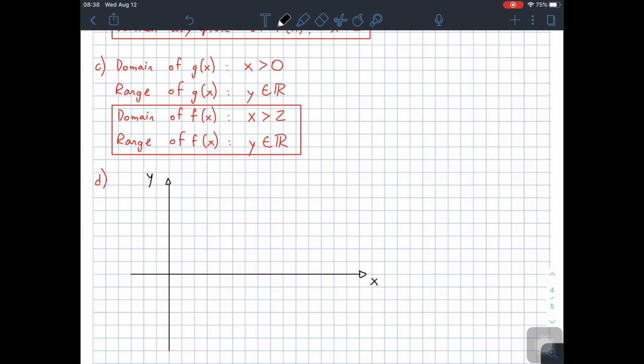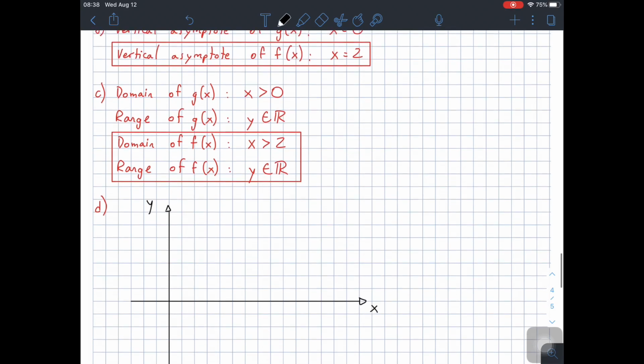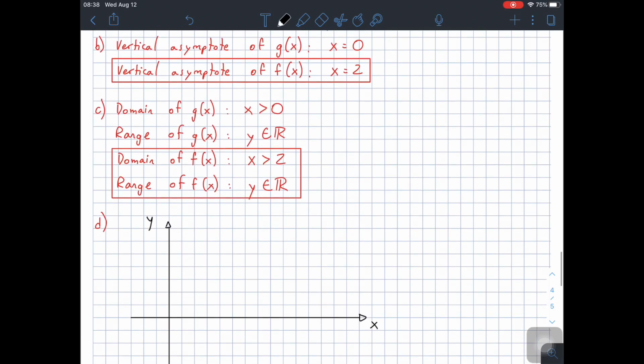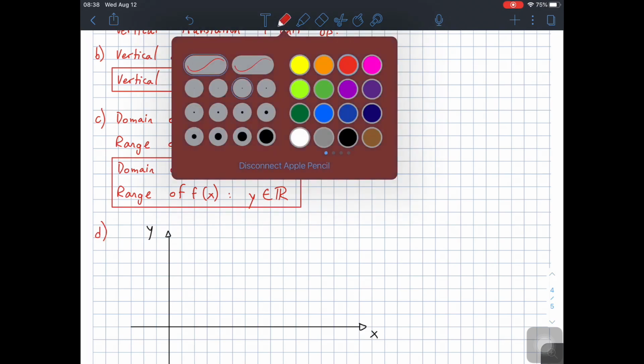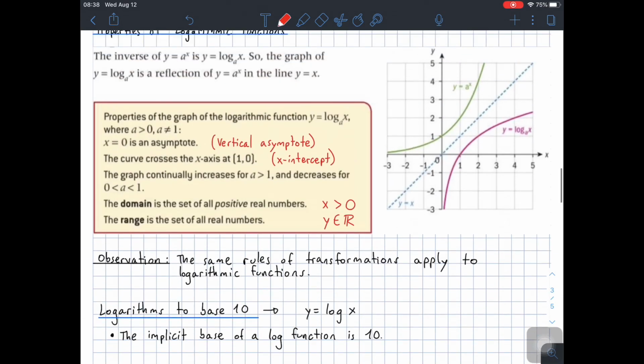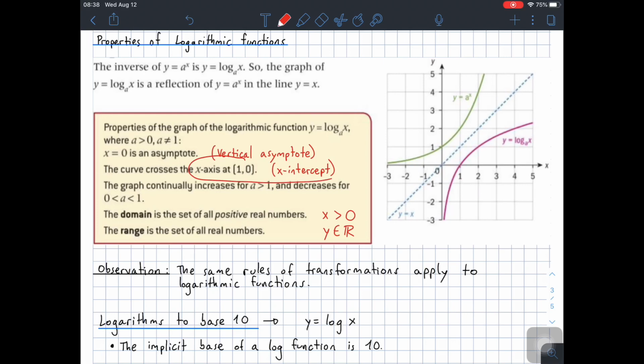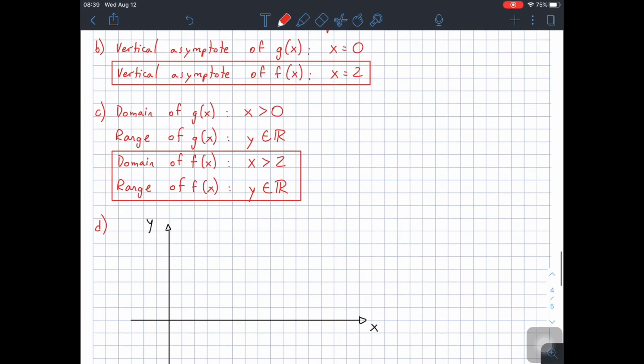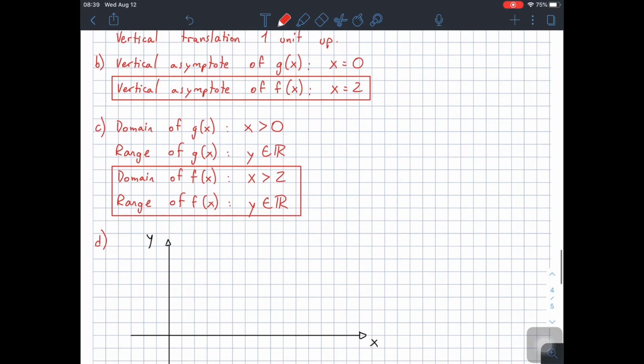One thing to consider, if you remember from the properties, we saw that the x-intercept of the parent logarithmic function is 1, 0. So I'm going to write here that the x-intercept of g of x, the original function, is the point 1, 0.